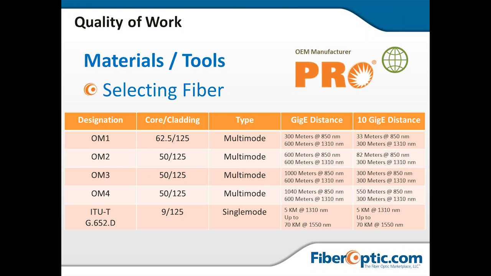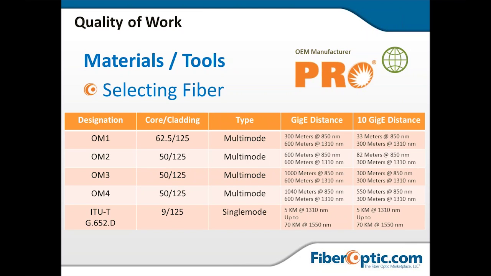I liken it to a flashlight where you can turn the head of the flashlight and make the beam more narrow or more focused. So the 62.5 was created with a wider core because the spectral width was like the flashlight with the widest angle. And therefore, when we launched at the core, we were really only getting, let's say, effectively 50% of the power of the LED into that core.